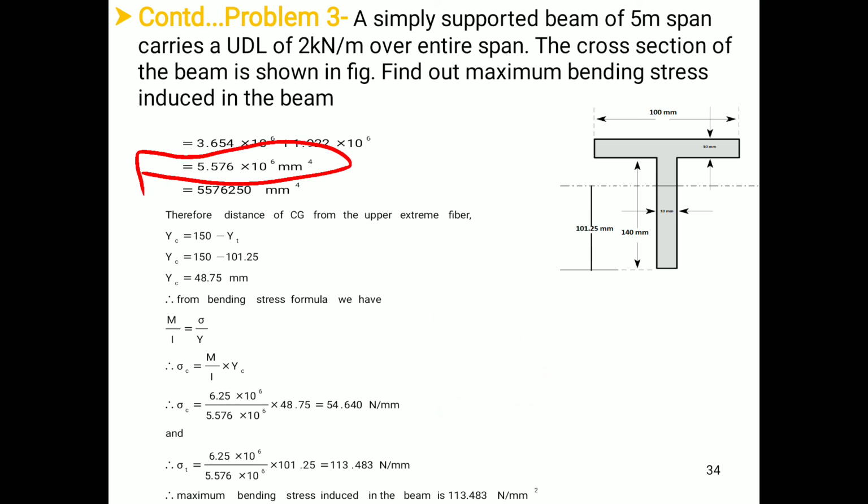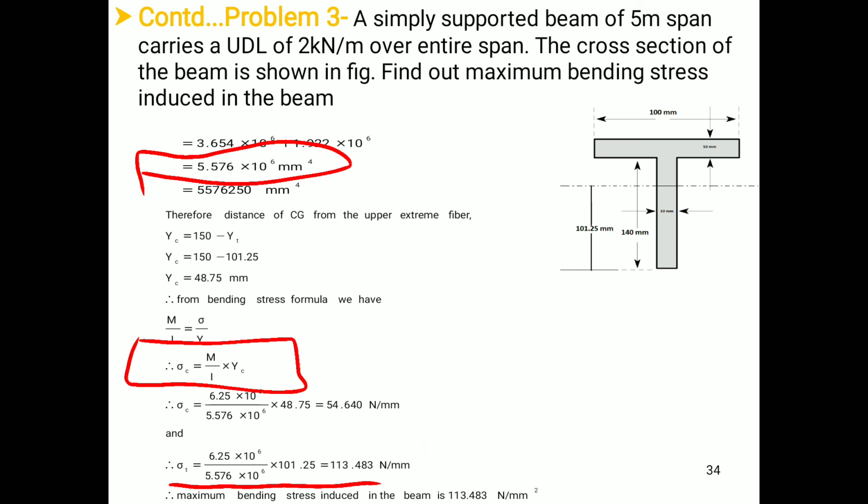On putting the value of Yt into the flexural formula, I have sigma t equal to 6.25 into 10 raised to 6 divided by 5.576 into 101.25. Then the value of sigma t will become 113.483 Newton per mm square. Again, the extra square remained here.